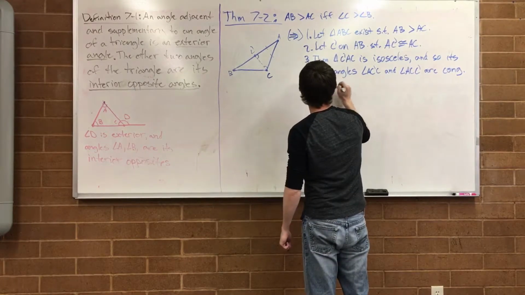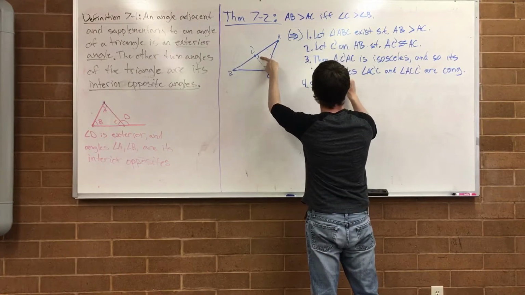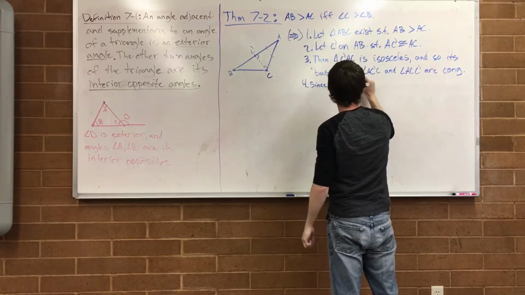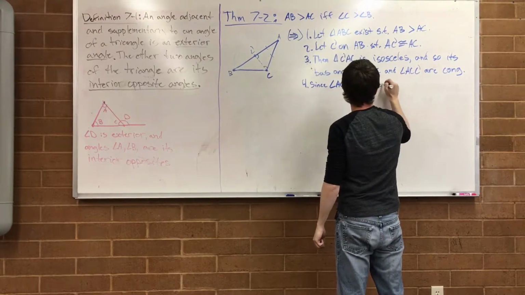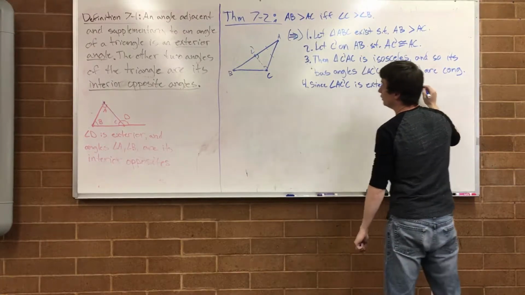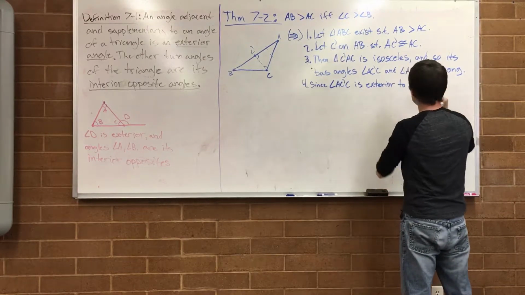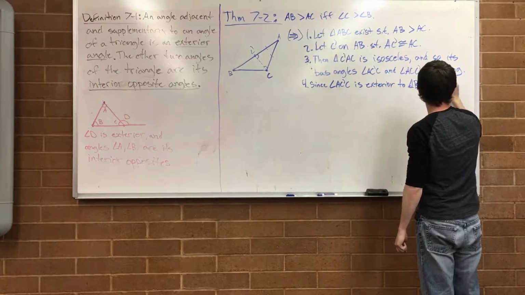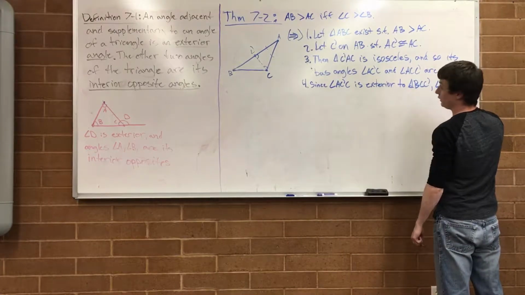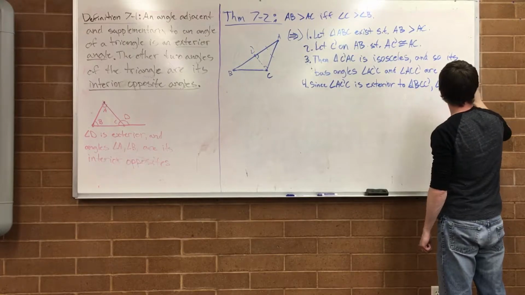Since angle AC prime C, the base angle of the isosceles triangle AC prime C, is exterior to triangle BCC prime, then angle B is less than angle AC prime C.